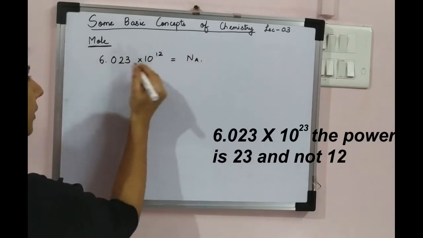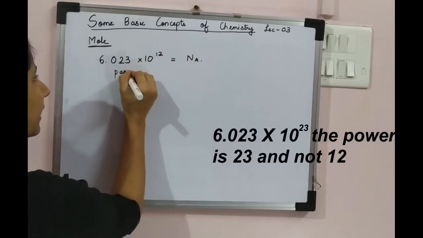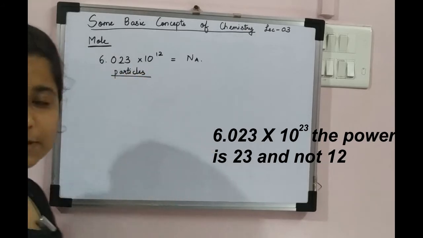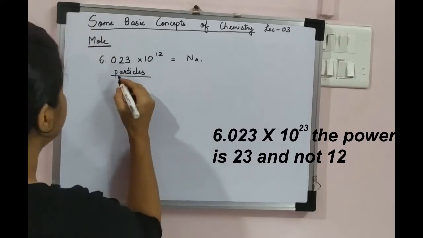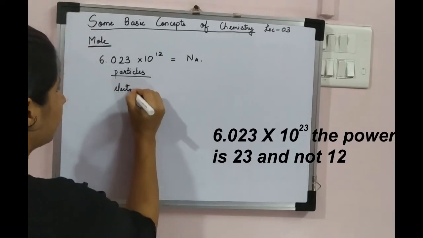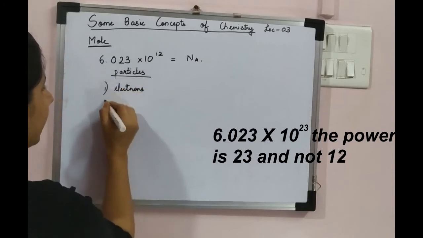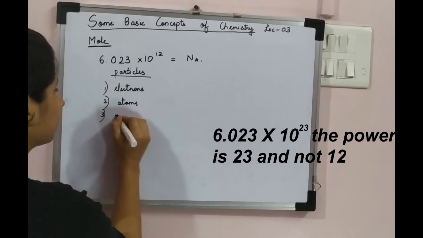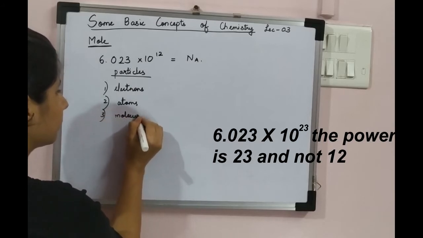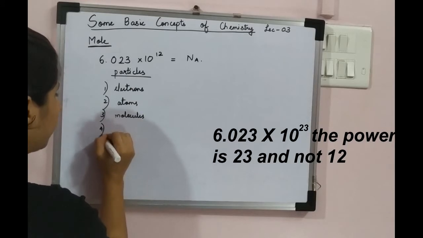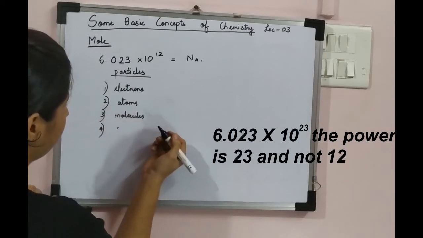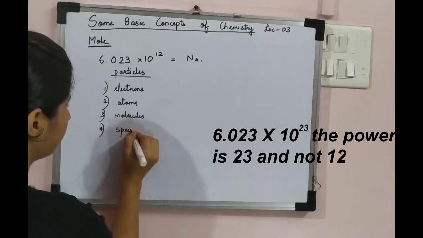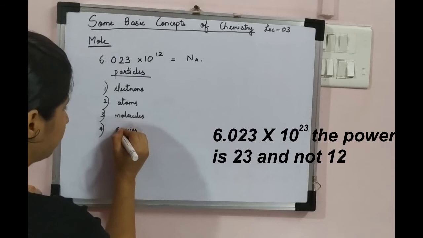Now this number can be the number of any particle, any entities. So what can those particles be? Those particles can be, let's say, electrons, atoms, molecules, or reacting species.